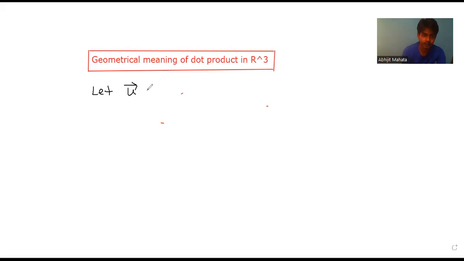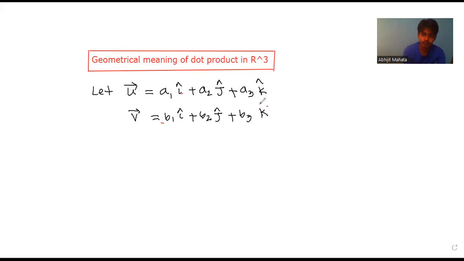Let's say the u vector is a1 i cap plus a2 j cap plus a3 k cap, and let the v vector be equal to b1 i cap plus b2 j cap plus b3 k cap. So now the dot product is defined algebraically this way, u dot v.